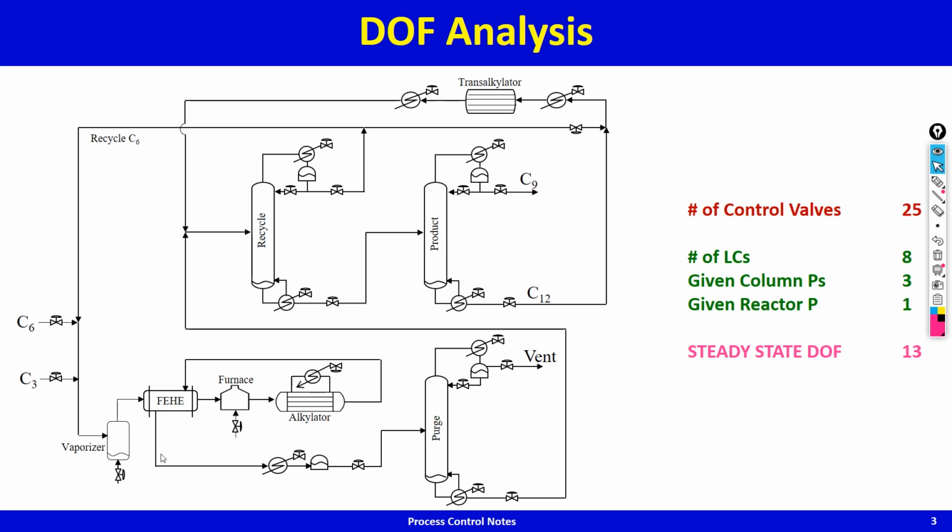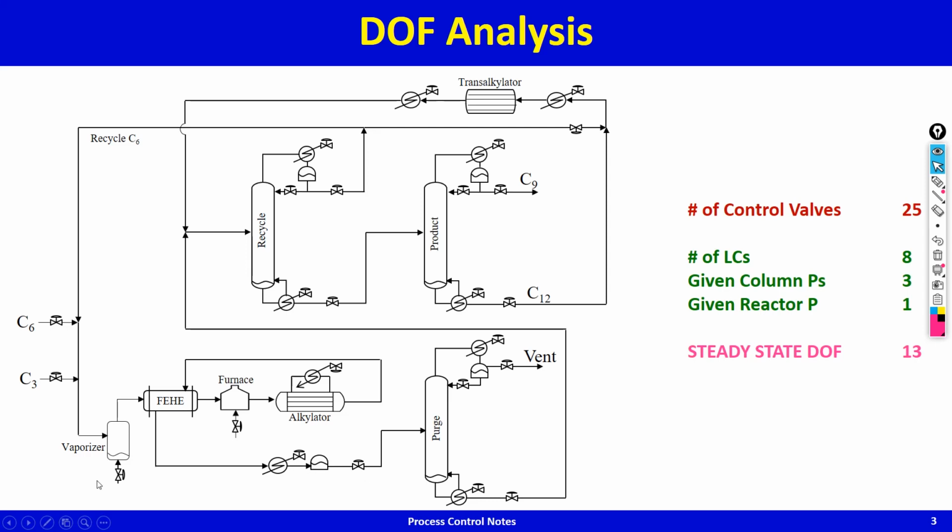2 for each column, so that's 6. 2 for the fresh feeds, that's 8. 1 degree of freedom for the furnace, 9. 1 degree of freedom for the reactor cooling, 10. Well, this will set the pressure. There's no degree of freedom associated with this.